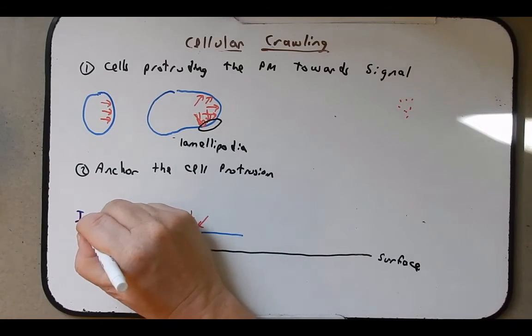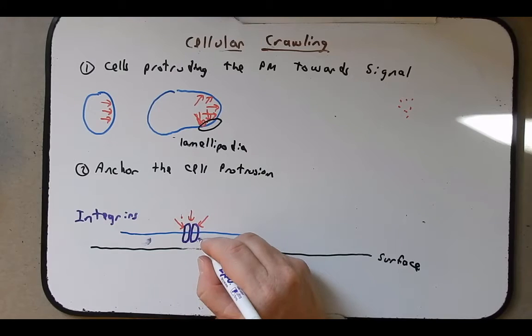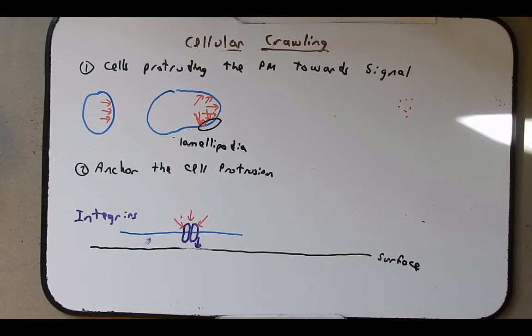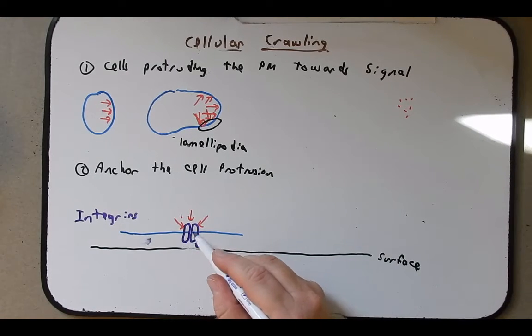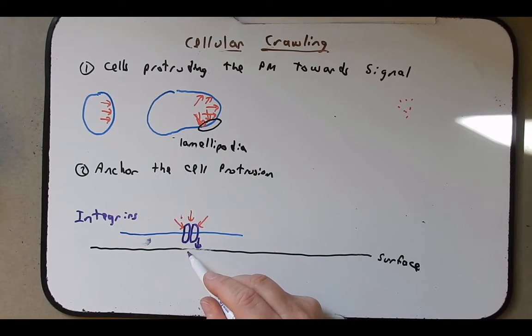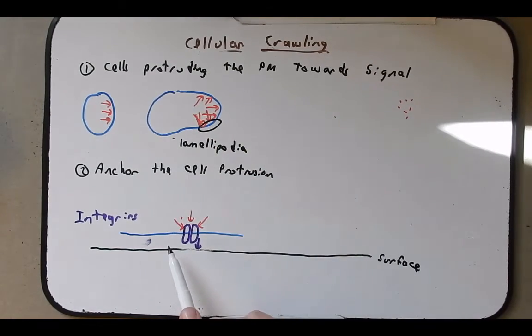Let me write integrins over here so we don't forget what they are. They interact with them in such a way that they push them and allow them to interact with the surface. In doing so, it produces a nice anchoring mechanism where the integrins associate with the surface and the actin cytoskeleton. So what this effectively does is it allows this protruding part of the cell to anchor itself to the surface.